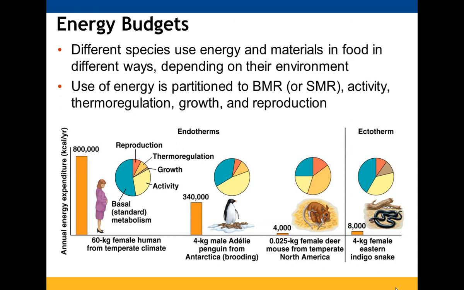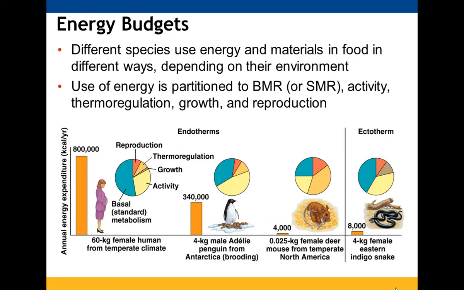If we look at the three endotherms, we have the female human in the temperate climate, the penguin for Antarctica, and then the female deer mouse in temperate North America. We notice that the female deer mouse has a lot of thermal regulation taking place. It's a lot smaller, so it's a lot easier for it to lose heat, and it's going to require more of its energy to maintain its heat.